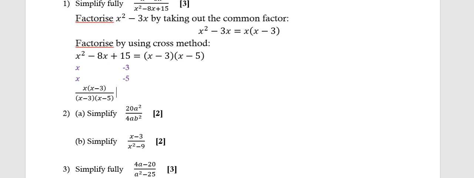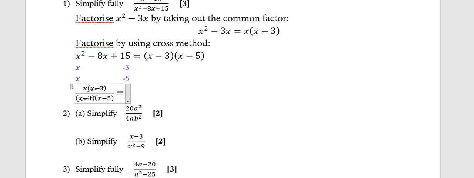So you can cancel it like this, and then the second one, you can also cancel the term here. After you have cancelled both, then you are left with what term?